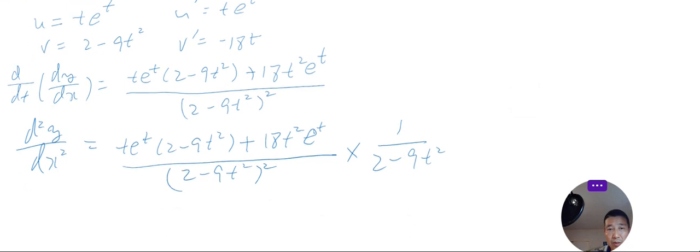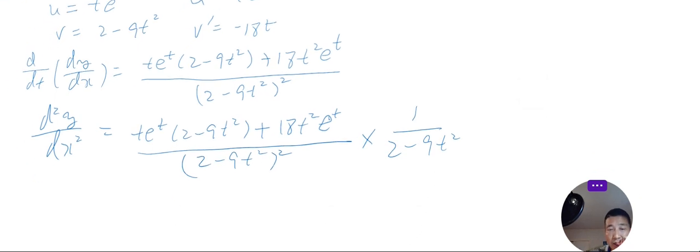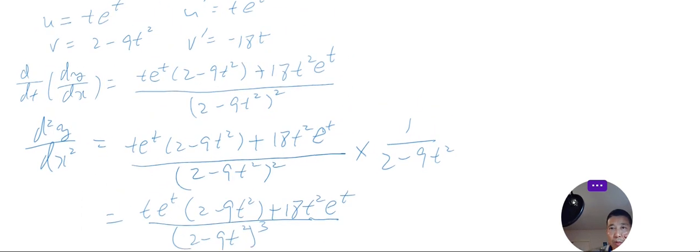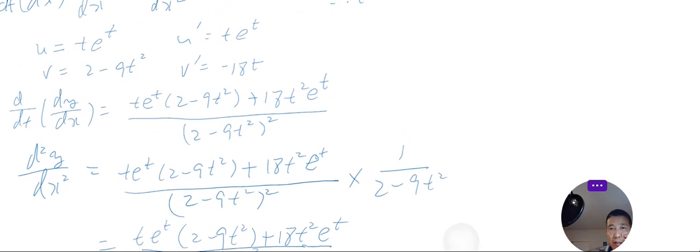Now, what I see here, well, the denominator is 2 minus 9t squared, cubed, right? And then the numerator is t e to the power of t, times 2 minus 9t squared, plus 18t squared e to the power of t. So obviously we have to plug 0 into t.